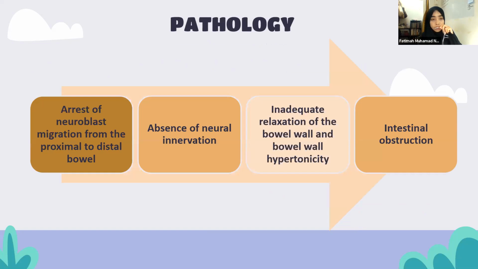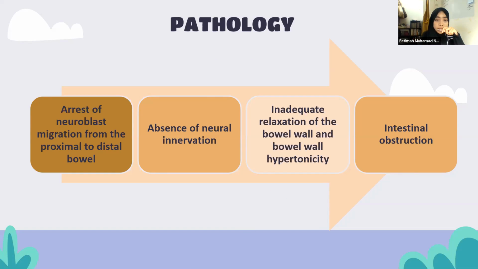So briefly into the pathology of Hirschsprung disease. As I explained earlier, there is an absence of ganglion cells in the wall of the colon, extending from the rectum proximally. This is the result of the arrest of neuroblast migration from the proximal to the distal bowel.